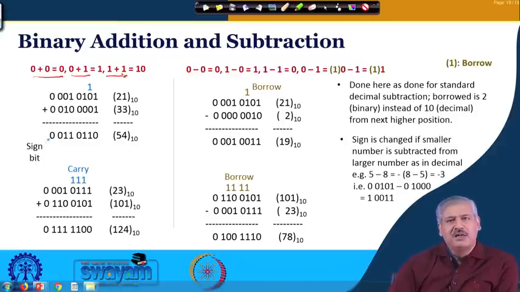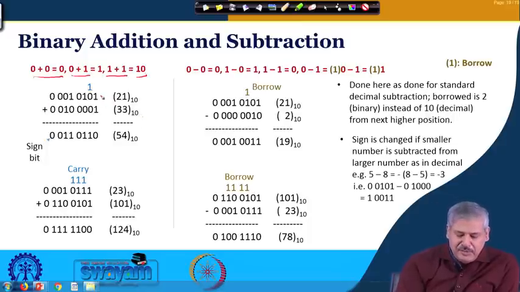When we add 1 and 1, it becomes 2, and 2 in binary is 1 0. This is the carry: the 1 is in the 2's place and the 0 is in the units place. So, let us add 21 with 33, both in decimal.